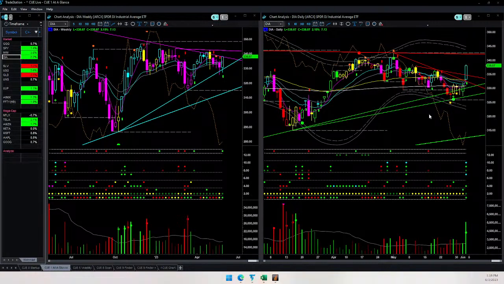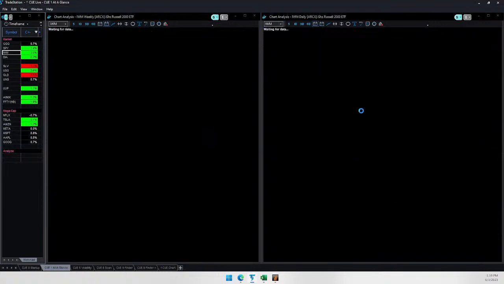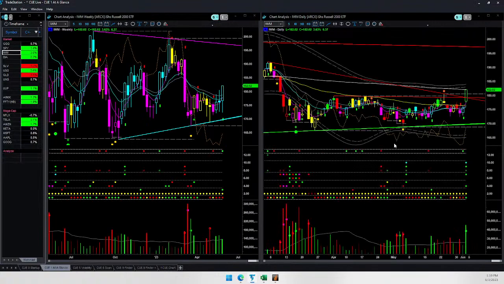DIA continues to be inside a range, and IWM, the small cap ETF that was the weakest of the market ETFs, has now broken out of the range. So DIA is still inside a sideways range created by trendline resistance and support, but IWM has comfortably broken above the trendline resistances, and weekly is also looking very bullish.